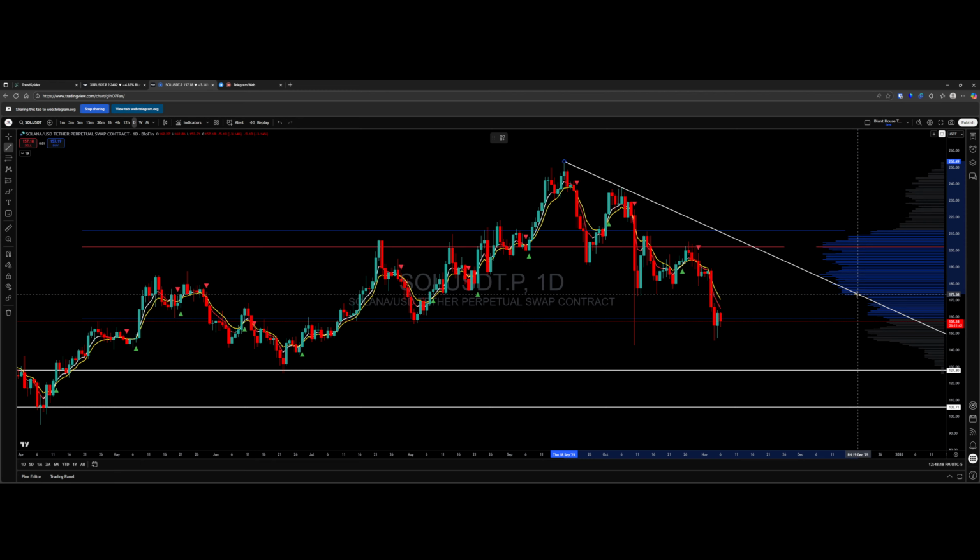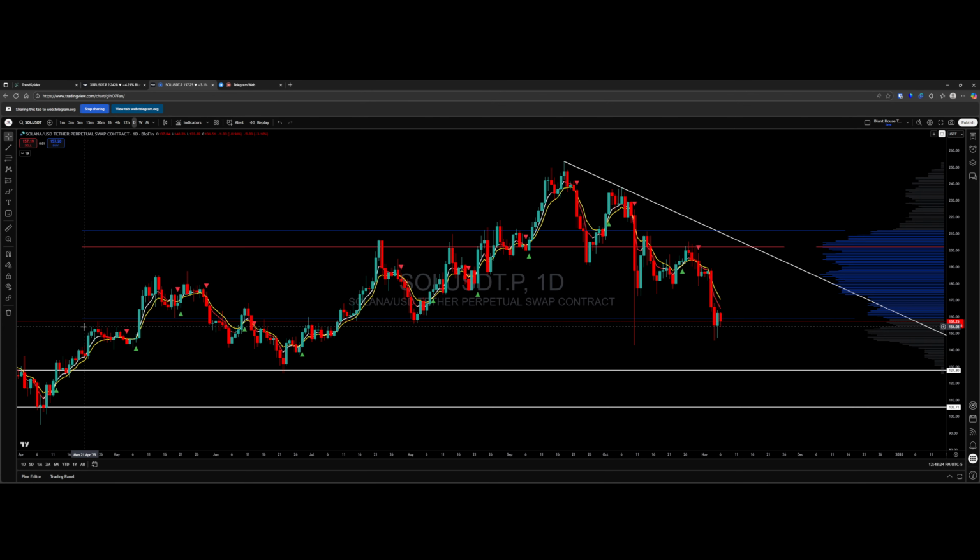I do this all the time, just as another base of measure as time goes on. Because at some point in time, this will be relevant as price tries to break out. Just like it was on the oil chart that we look at.